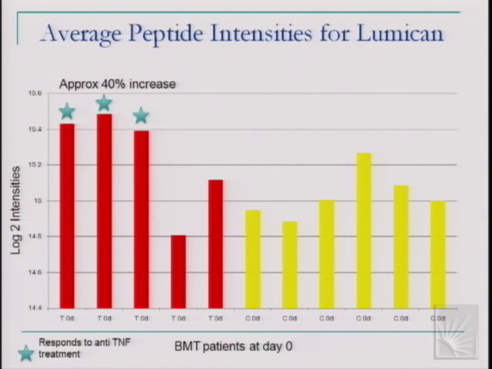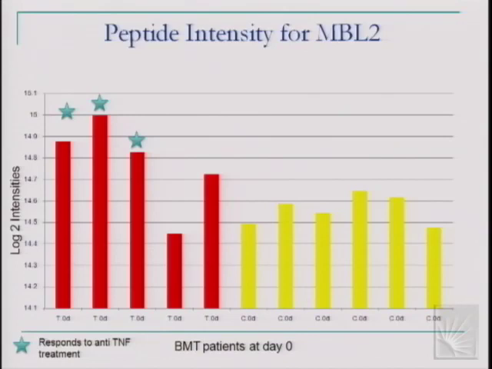And when we unblinded the study, we found that these 3 patients were the patients that actually responded to anti-TNF therapy and had good outcome. MBL2 has a similar pattern, although not as significant, in that overall these 3 patients have this higher level. So it does make one wonder, could these patients already be sensitized to an inflammatory response that can cause a dysregulation? So very interesting data.